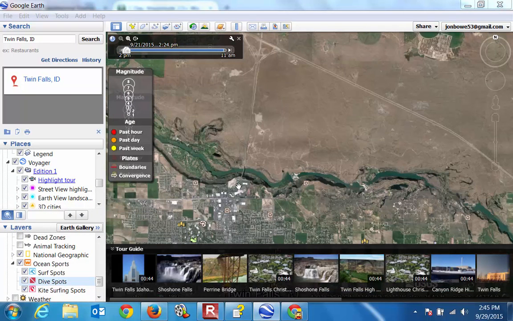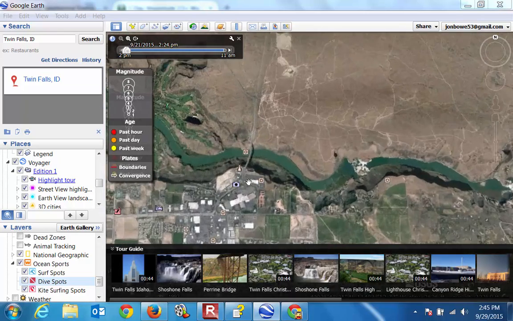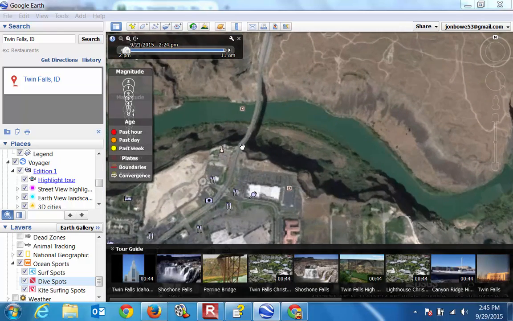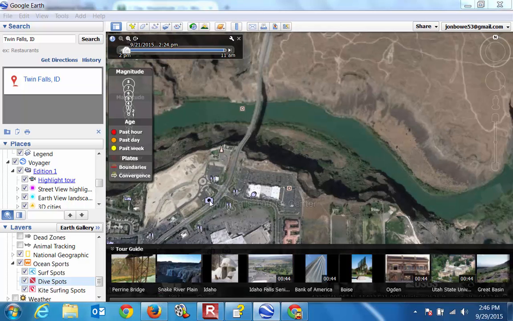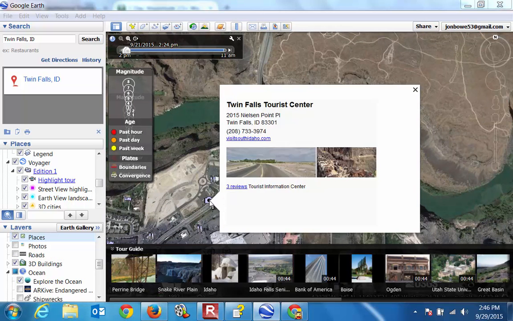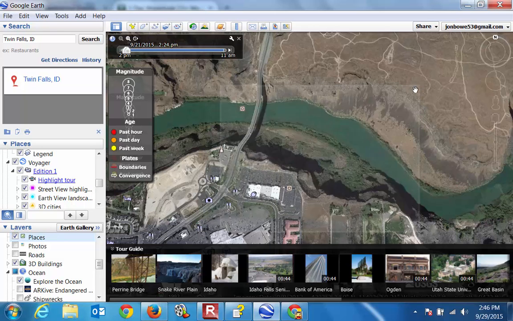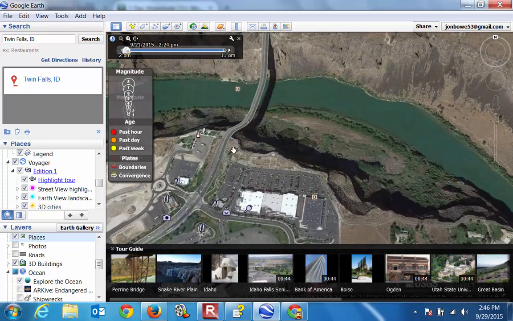Twin Falls now is located right on the Snake River Rift. Here's a bridge going across it. Let's take a look and see if this Twin Falls Tourist Center. Okay, it's not showing me the rift very well now. Just zero in on it.